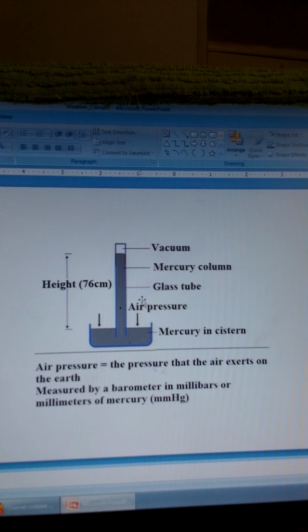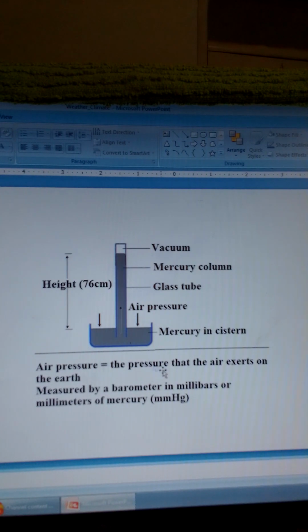So the air pressure is exerted on this mercury in the cistern, and therefore the mercury rises in this tube. And if you are able to measure the height of this mercury column, then that will be a measure of air pressure, either in millimeters of mercury or in millibars.